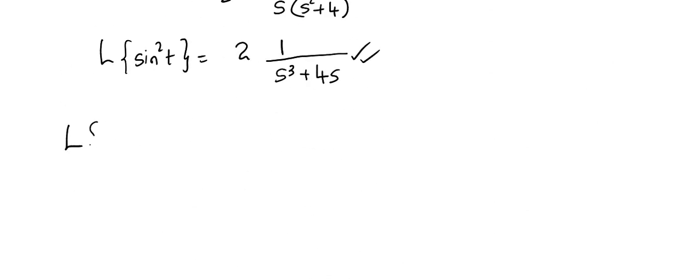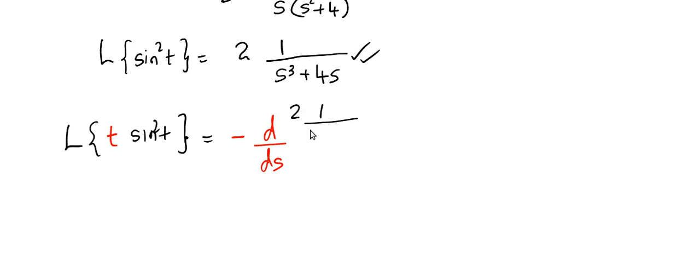So Laplace of t into sine square t. So what am I supposed to do? I have to put one negative and then take the derivative of the above one, and that will be 2 into 1 by s cube plus 4s.